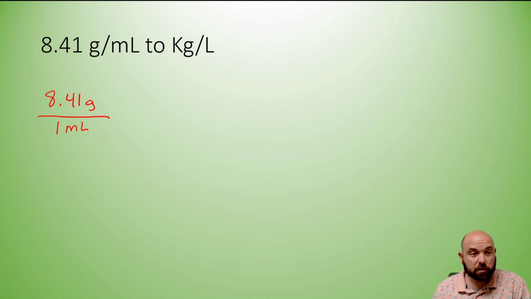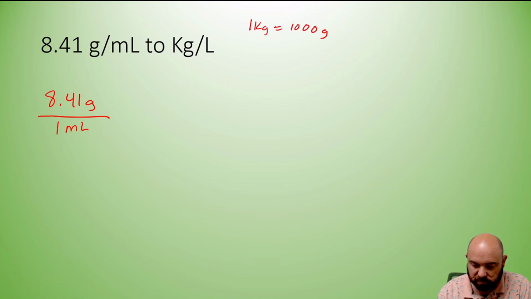And we need to know some conversion factors that will help us go from both grams to kilograms as well as milliliters to liters in order for this to work. So let's write down the conversion factors that will help us to make this happen. We're going to need to know that for 1 kilogram there are 1,000 grams.